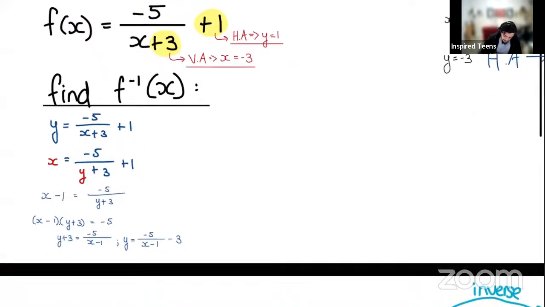Let's compare that to this guy. What is this guy? This guy is our inverse. So this is for our regular function. Let's compare it for our inverse.